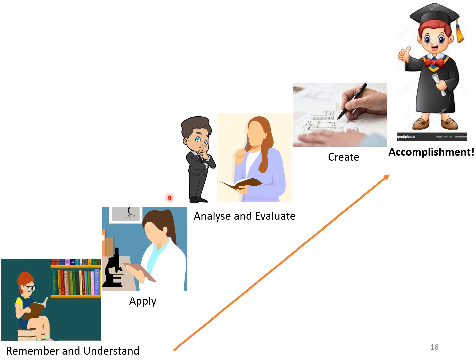We regularly take their practicals, so they are able to apply it practically, but their thinking must be stimulated and their creativity must be given a chance. Then only they will feel the accomplishment of completing this particular course, which will be a lifelong learning for them. So this is about Bloom's taxonomy, different levels which we can use for online assessment.